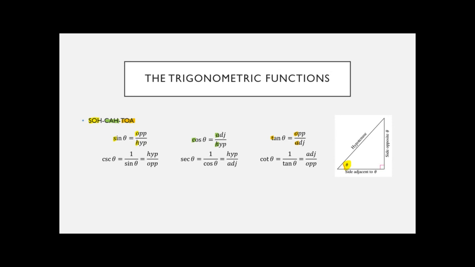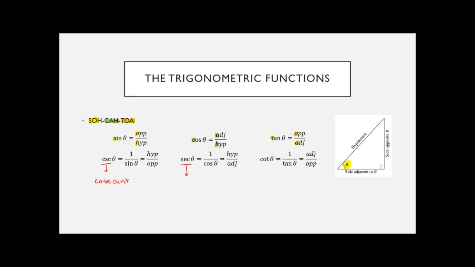And so the 3 main trig functions we have are sine, cosine, and tangent. And SOHCAHTOA helps you remember how you get the value, or it's a ratio of 2 sides out of a right triangle. The other 3 trig functions are basically the reciprocals of these main 3 trig functions. So we have cosecant, which is abbreviated CSC, and that is 1 over sine.